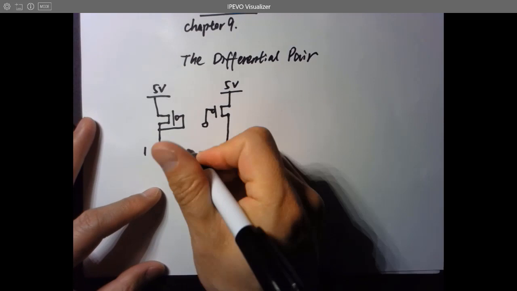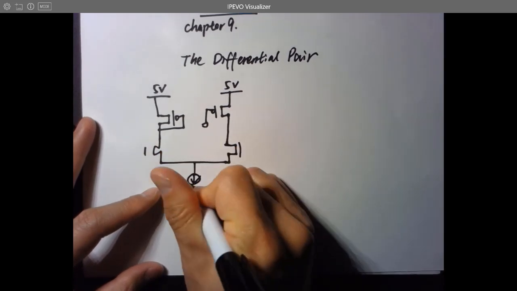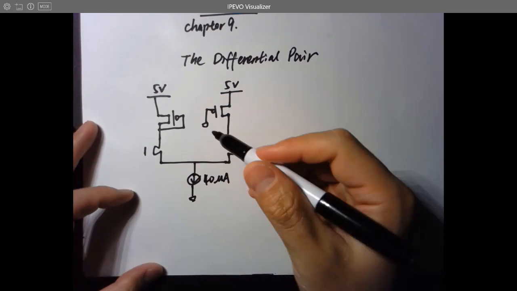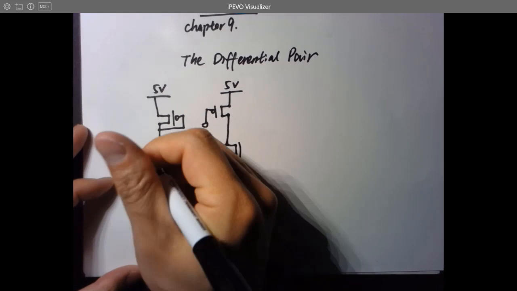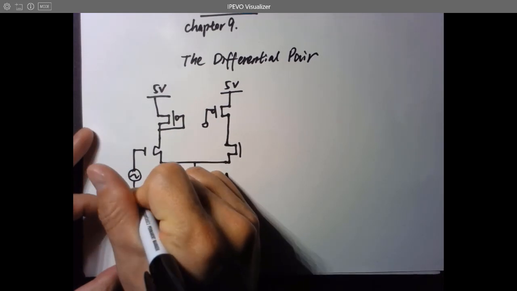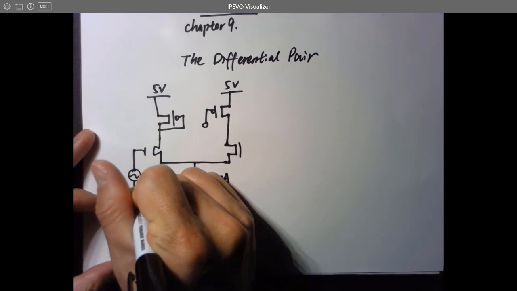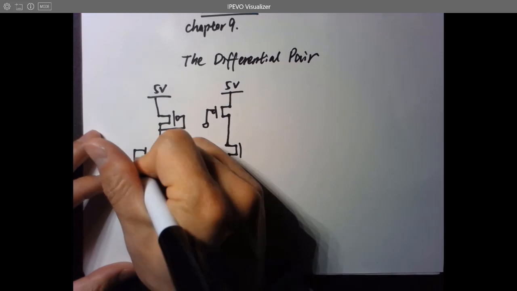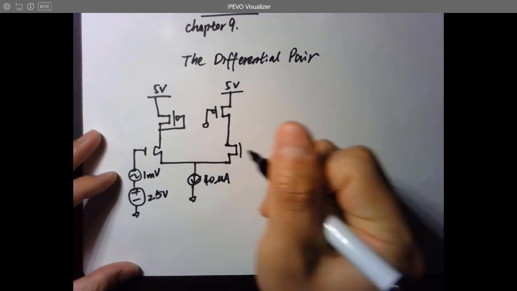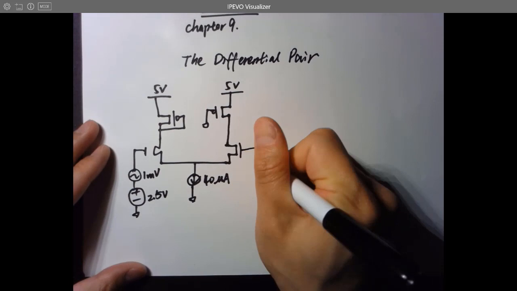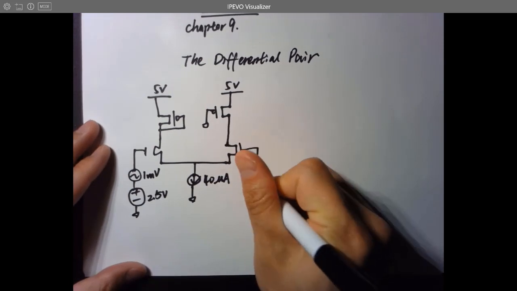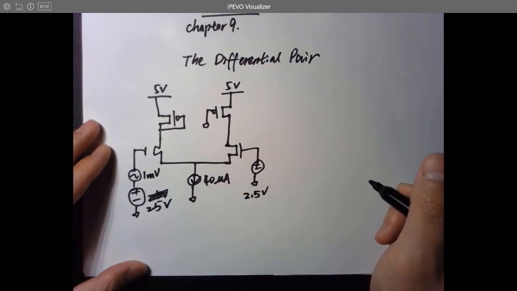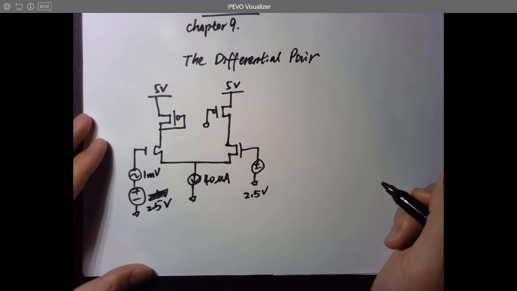And these two transistors, and there's a current source drawing 40 microamps current through the two channels. And this transistor has an AC input and a DC input as well. It's 2.5 volts, and this is 1 millivolt. And the same here, it's 2.5 volts. So that's the circuit.